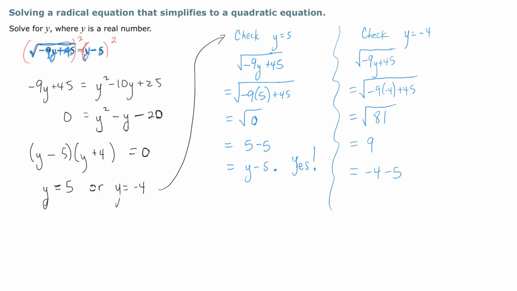And the answer is, whoa, no way. This is false. This is absolutely false, right? There's no way 9 can equal negative 9. So this check is explaining to you that y equals negative 4 is not a solution.